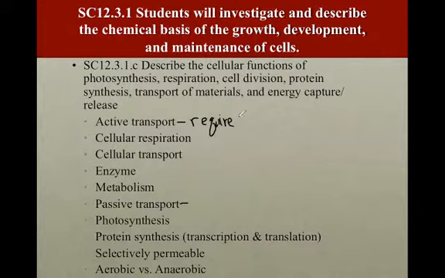Active transport requires ATP. It needs energy because you're moving substances against their concentration gradient.